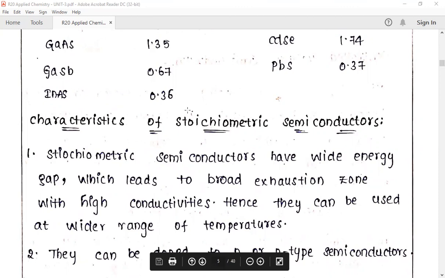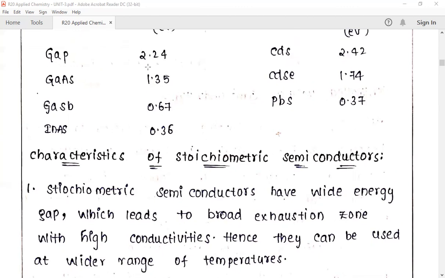For example, if you take the gallium and phosphorus semiconductor, and phosphorus is replaced by arsenic, the energy gap is reduced from 2.24 to 1.35 electron volts. That means it is possible to alter the energy gap of these semiconductors by substituting one of the elements in its composition by an element of lower atomic number belonging to the same group.